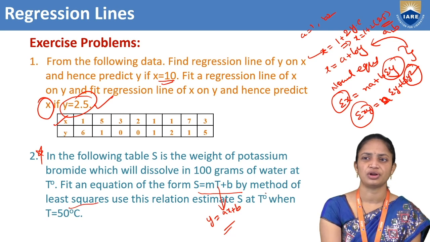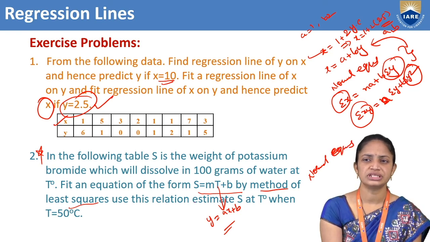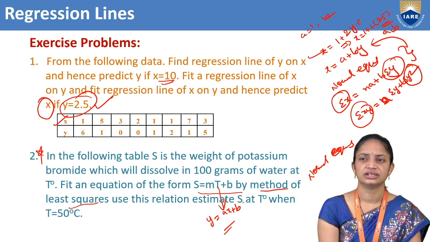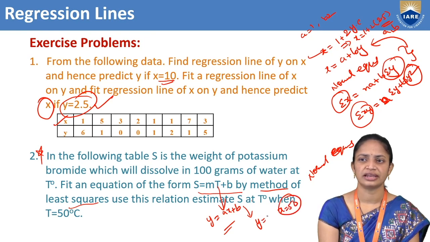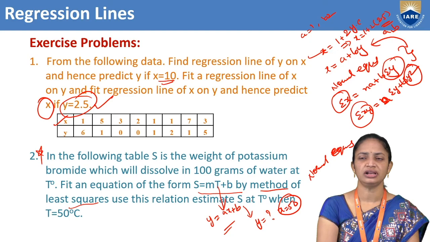That means we need to follow the normal equations method. Use this relation to estimate S, that means estimate y at T degrees when T equal to 50 degrees centigrade. So when x equal to 50, calculate y. This is our question.